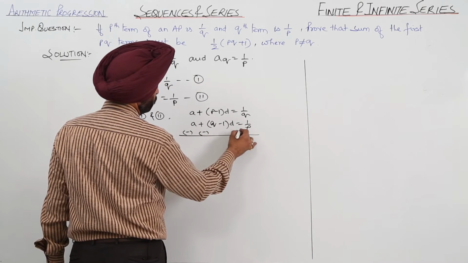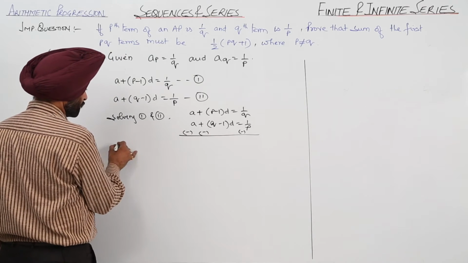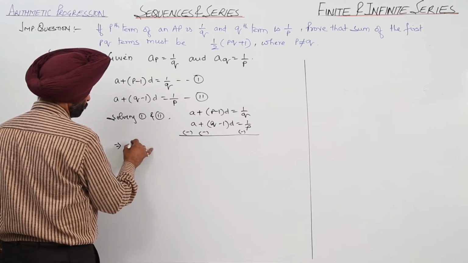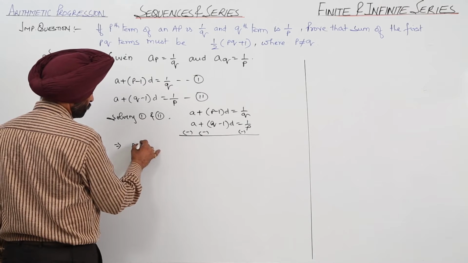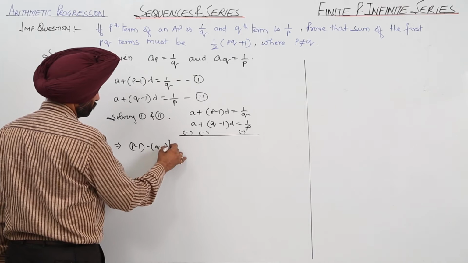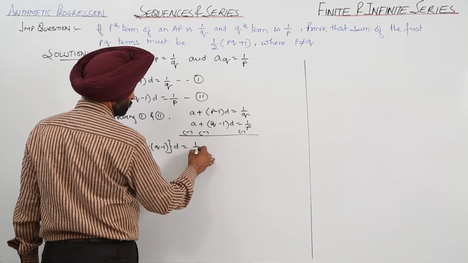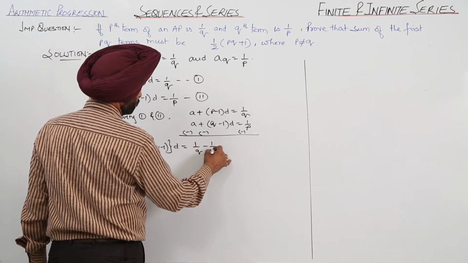Subtracting, what are we getting now? We are getting (p minus 1) minus (q minus 1) times d is equal to 1 upon q minus 1 upon p.